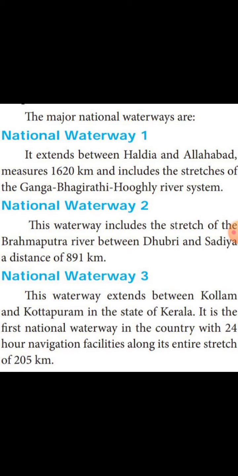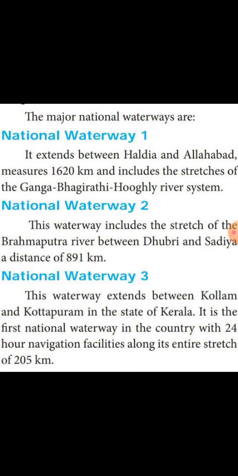Then the third one is National Waterway 3. This waterway extends between Kollam and Kottapuram in the state of Kerala.